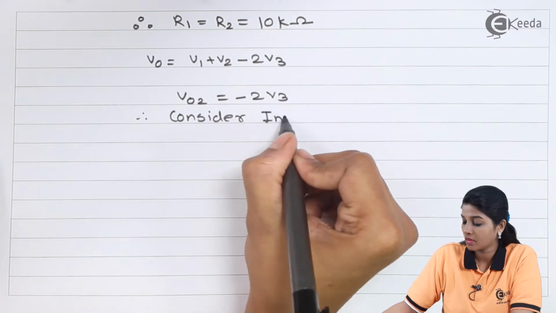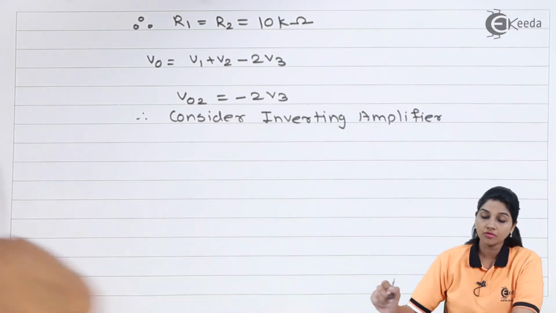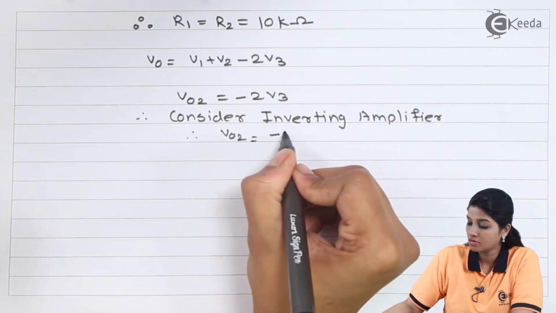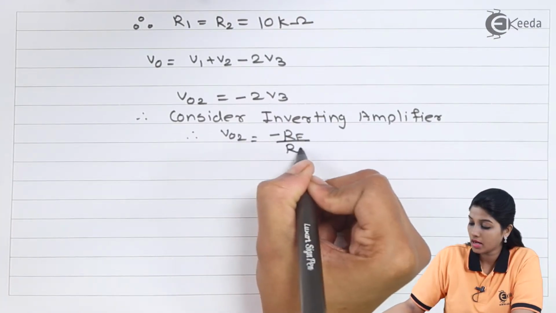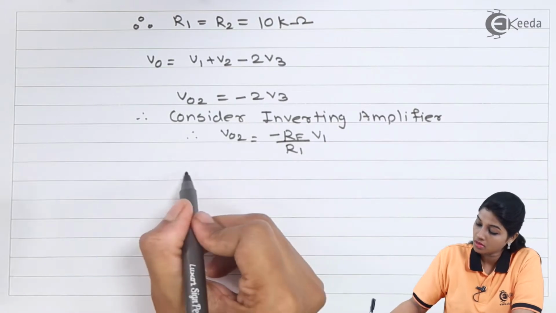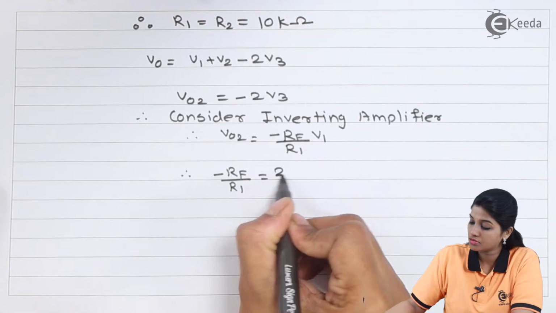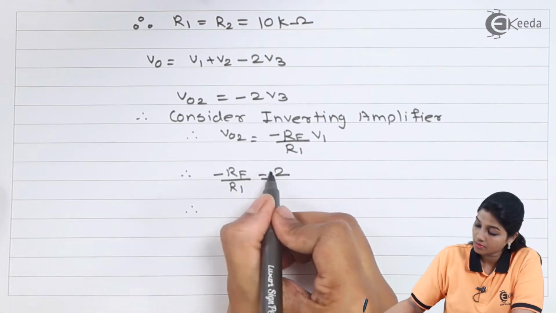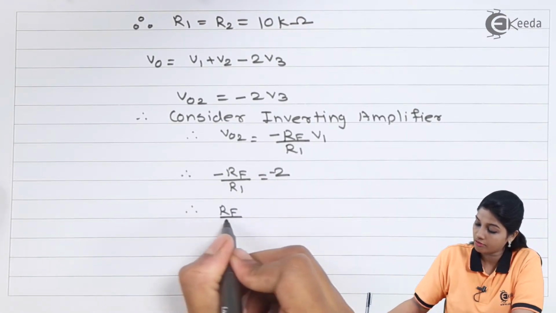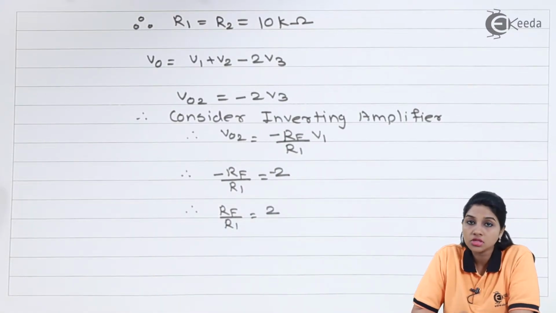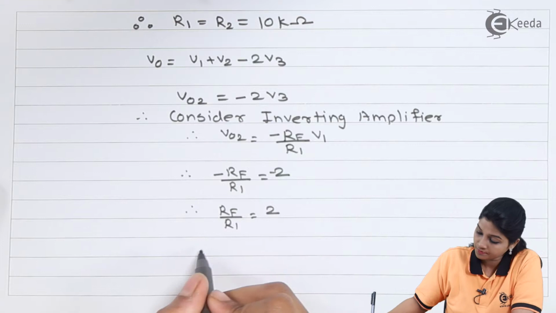Consider inverting amplifier. Therefore VO2 is equals to minus RF by R1 into V1. Therefore minus RF by R1 is equals to minus 2. Therefore RF by R1 is equals to 2. The negative sign indicates that the input is applied to the inverting terminal of the op-amp. Now previously we have considered that RF is equals to 10 kilo ohms.